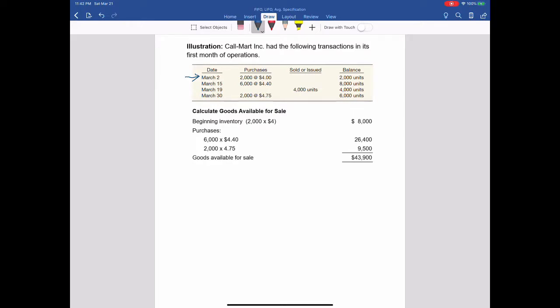Because we don't have any other information, we just assume the March 2nd purchase is the beginning balance. Number of units is 2,000. The price is $4, so the value or cost of inventory is $8,000.